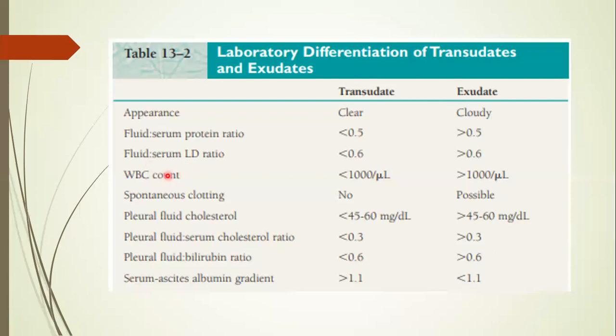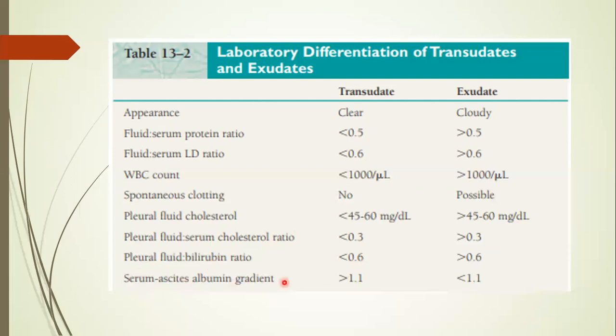Presence of large amounts of WBCs, particularly more than 1,000 cells per uL, is associated with an exudate. Clotting is possible with exudates, and more cholesterol and a higher pleural fluid serum cholesterol ratio is seen in exudates. A higher pleural fluid bilirubin ratio is seen in exudates, and the SAAG, no?